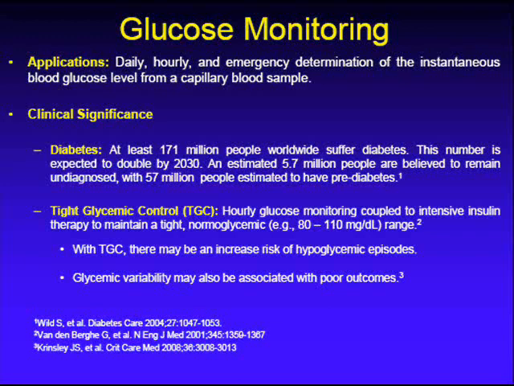A paper back in 2001 by Dr. Greet Vandenberg established that if you maintain this glucose range in surgical patients, they did better. There were fewer episodes of infections, as well as better wound healing.